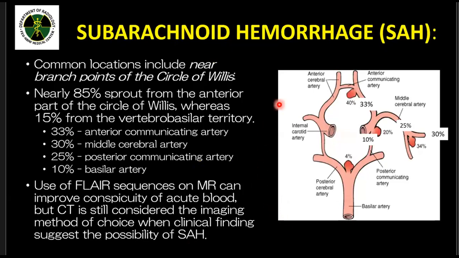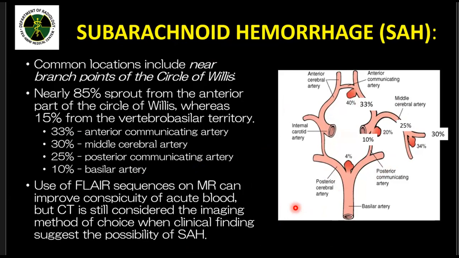For subarachnoid hemorrhage, the common locations include near the branch points of the circle of Willis. Nearly 85% arise from the anterior part of the circle of Willis, whereas 15% are from the vertebrobasilar artery. 33% from the anterior communicating artery, which is the highest.